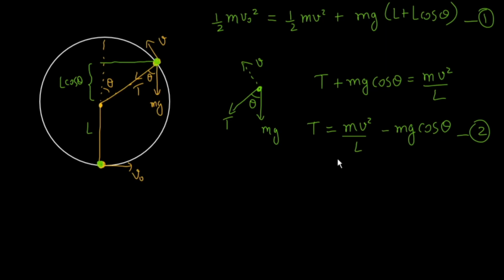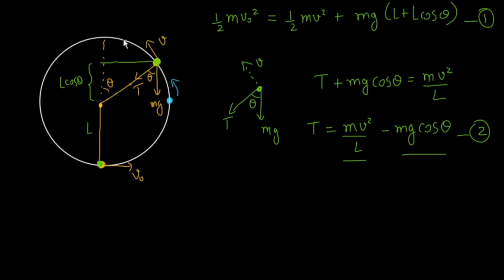Please pay attention here. There are two terms in this tension: mv square by L and mg cos theta. Let's understand what is happening to this mv square by L and mg cos theta. If you start moving, say from this position, if you start moving upwards, your theta is decreasing, yes or no? At this point, your theta is 90.